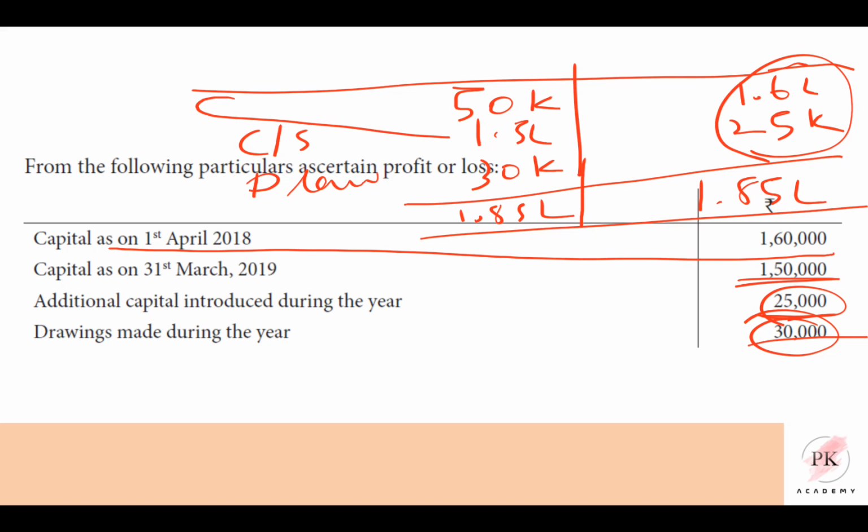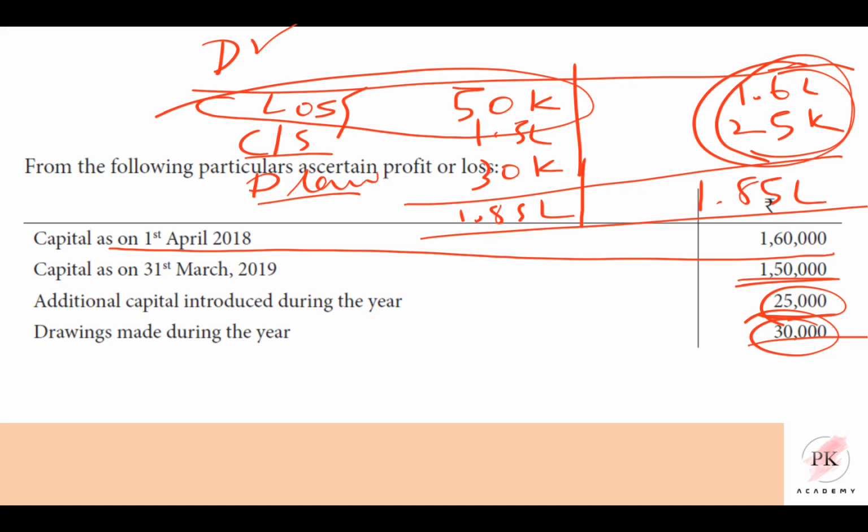When the difference is on the debit side and closing and drawings are given, then it should be loss. Okay, you get it? So we add these two and subtract these two, and we get the loss. Okay, sorry, this is 5,000 only. The loss is 5,000.